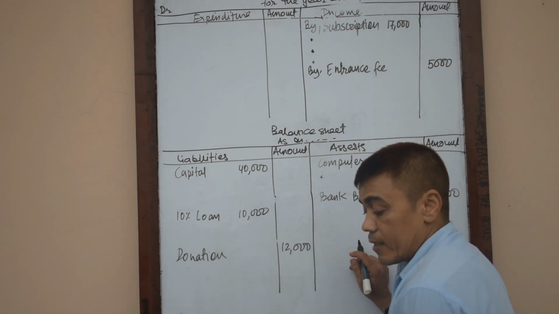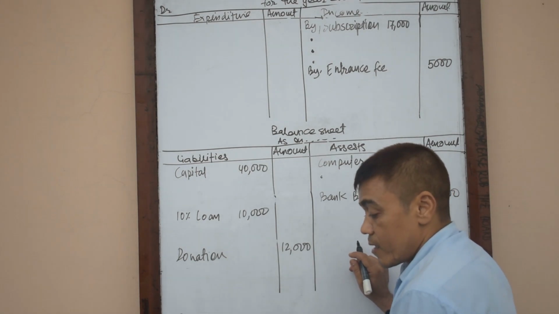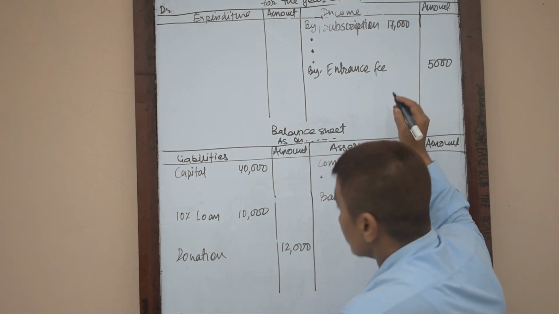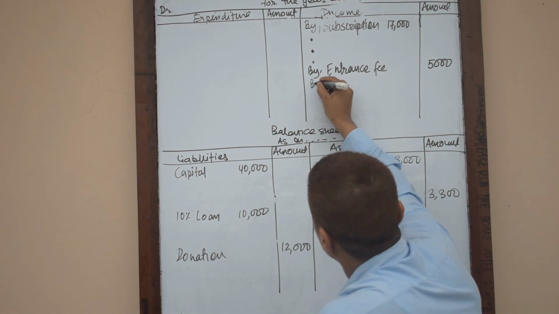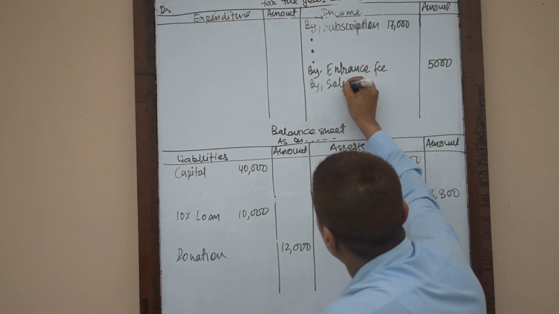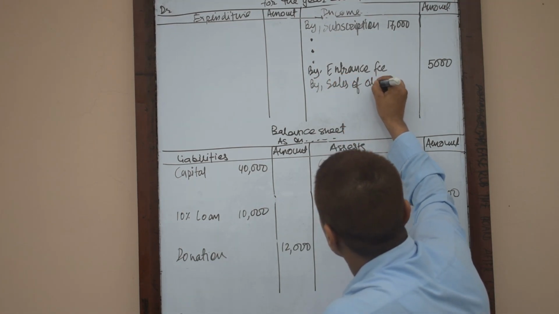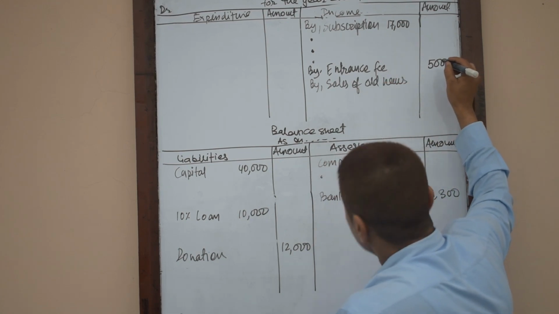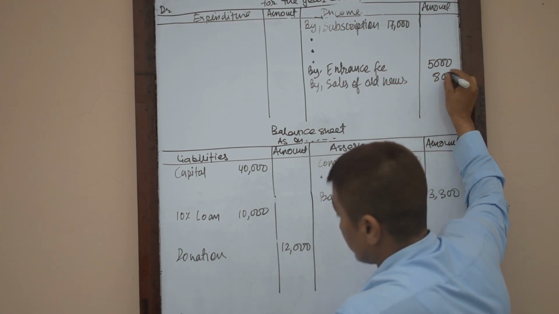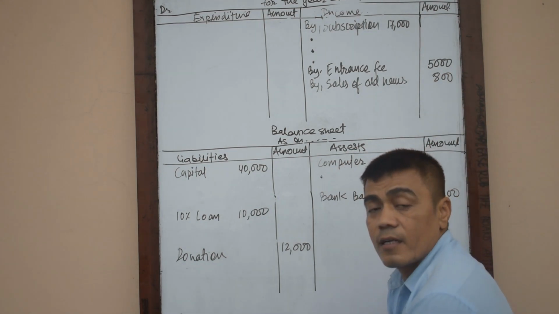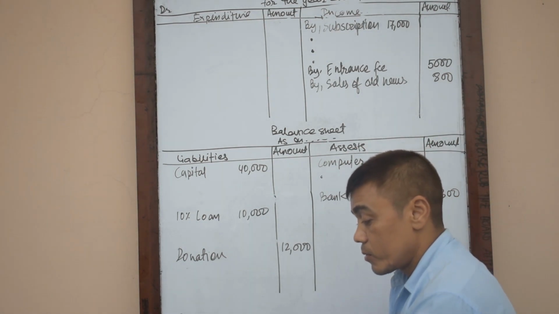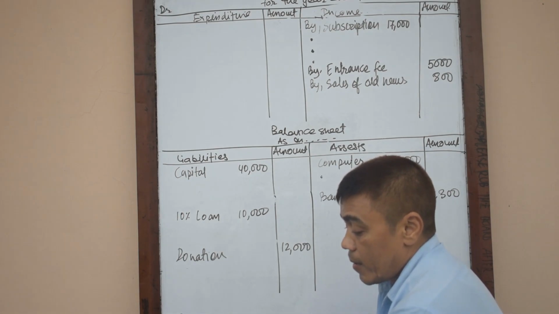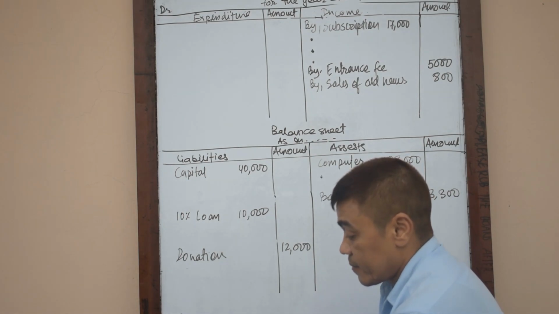Okay. And another one is sales of old newspaper, so that is also income, sales of old newspaper, and it is 800. So that's all from the receipt side. Now we are going to record the payment side.